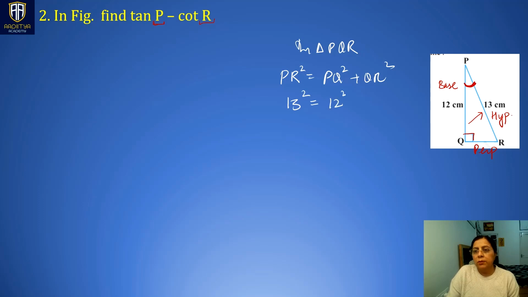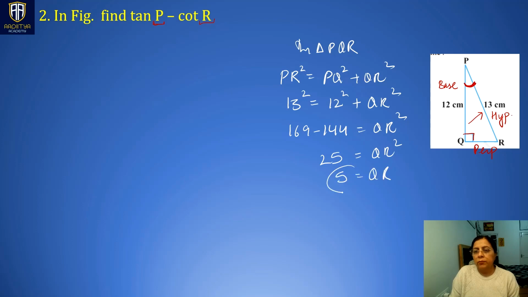PQ square is 12 square and QR square we have to find. This is 169 minus 144, which is QR square. QR square is 25, so QR becomes 5 centimeters.